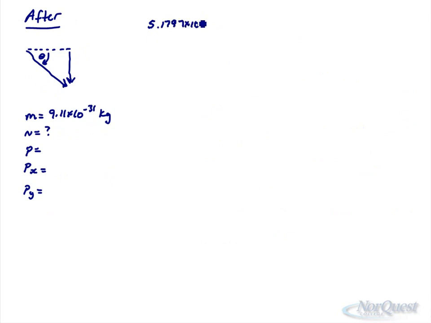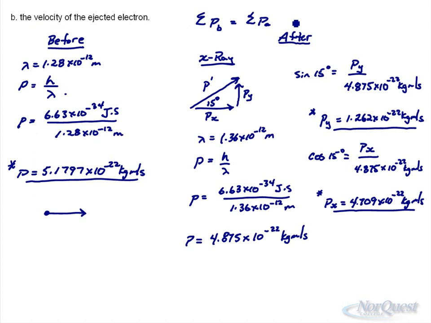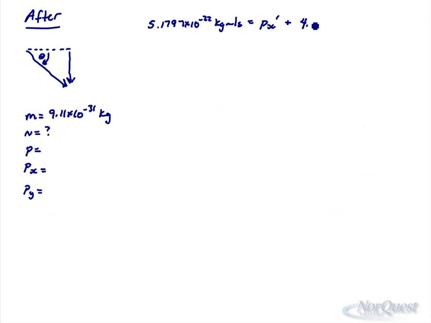5.1797 times 10 to the negative 22 kilogram meters per second has to equal the momentum of the electron after plus the momentum of the X-ray after, 4.709 times 10 to the negative 22 kilogram meters per second.